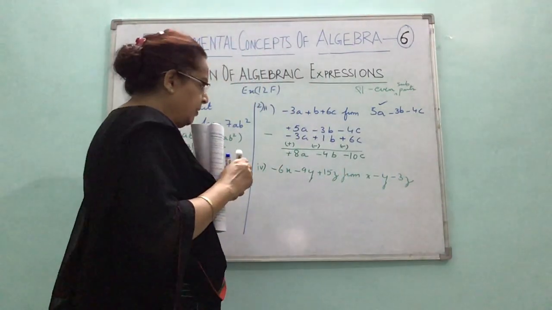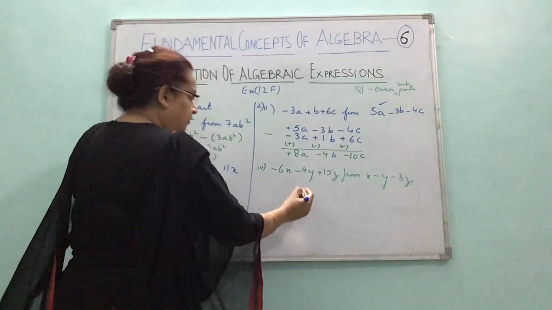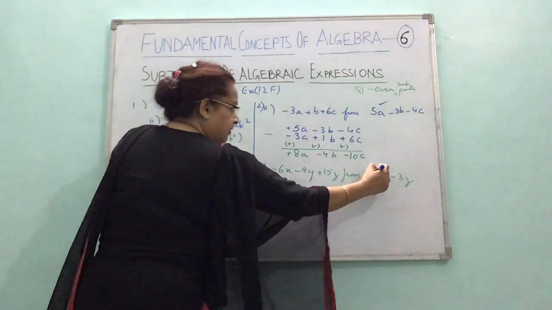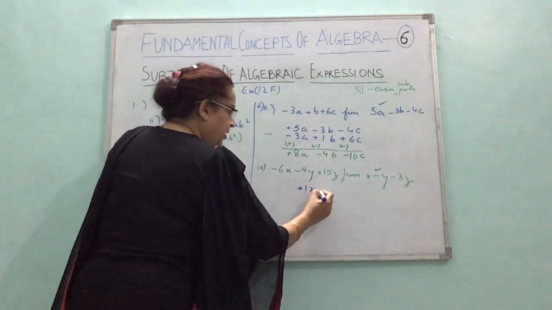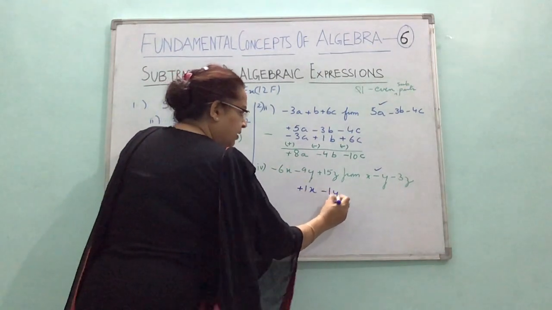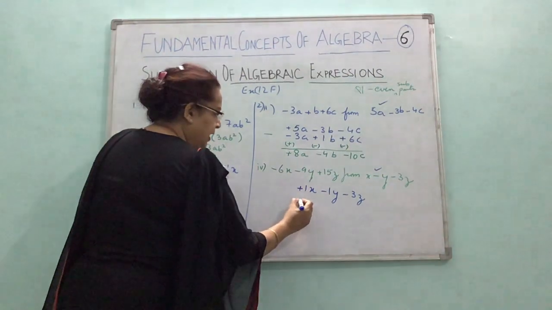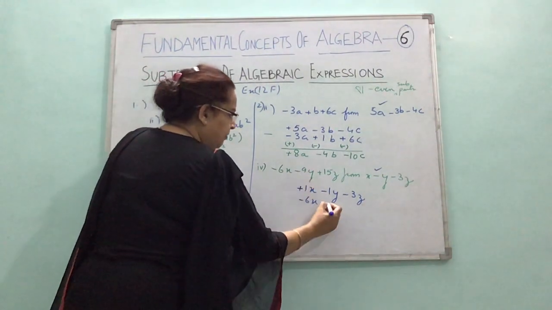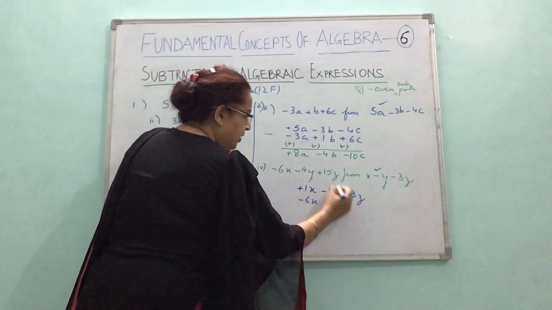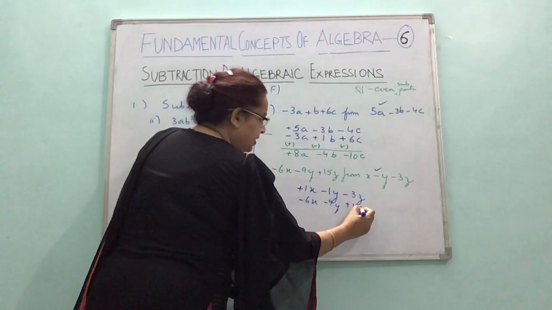Again remember, children, I'll copy that first, and put 1 till you are comfortable, x minus 1y minus 3z. Now I'll copy minus 6x minus 9y plus 15z.